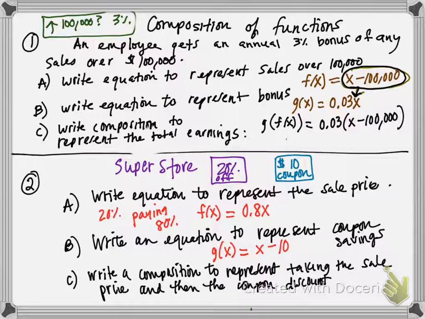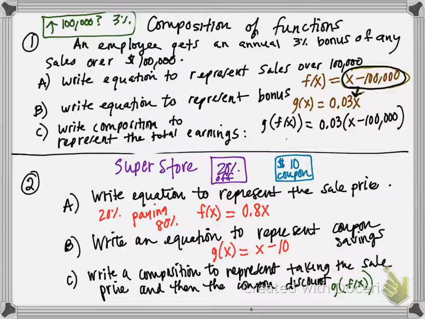So if I use our composition of functions notation, I have to take the sale price first, which is this one right here, f of x. After I apply the sale price, I'm going to be using the coupon discount, so we're applying g of x after that.